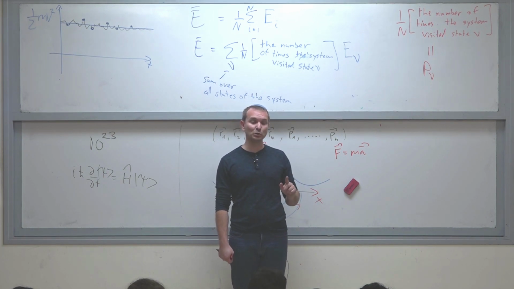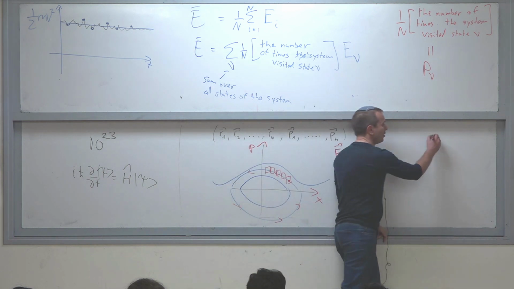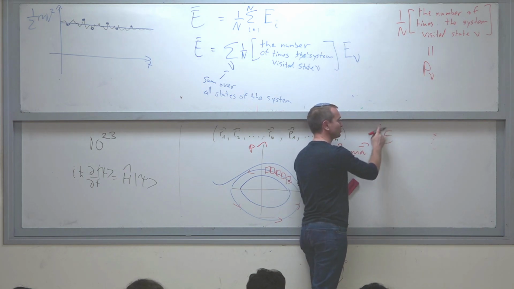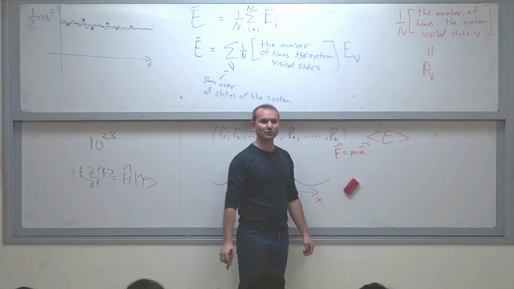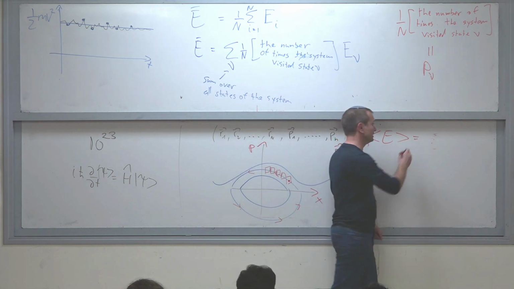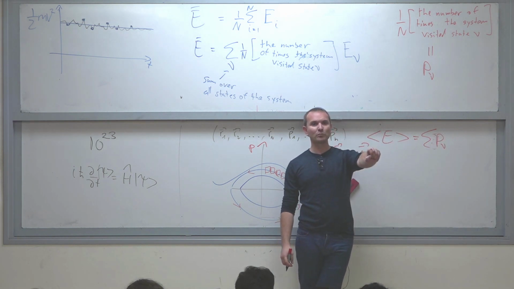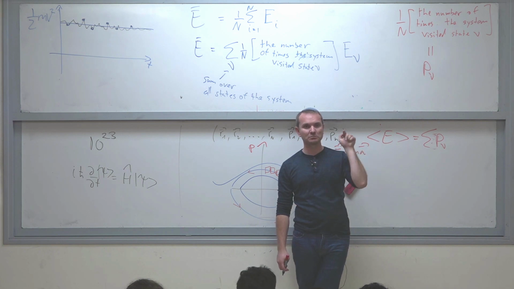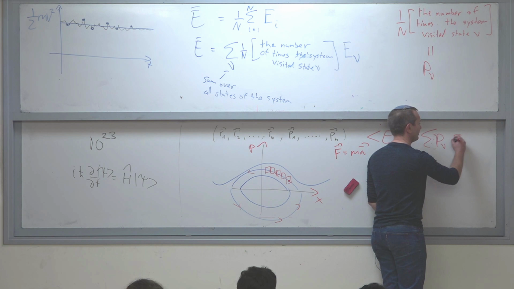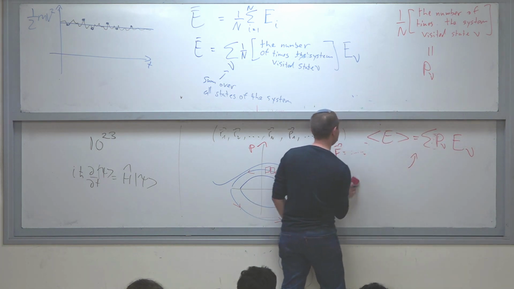I will measure the average quantity not by following all the different systems, but by saying, the average E, let's say it's called ensemble averaging and not temporal averaging, is defined like this: the probability to pick up, from all this ensemble of different systems, a system with energy E. This is ensemble averaging.